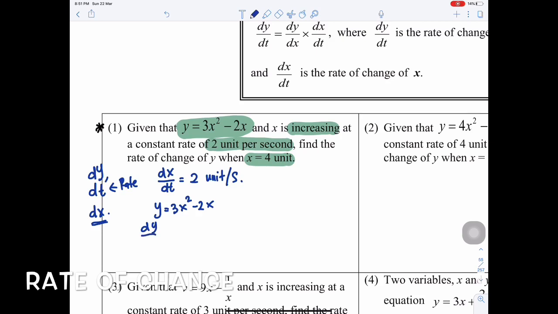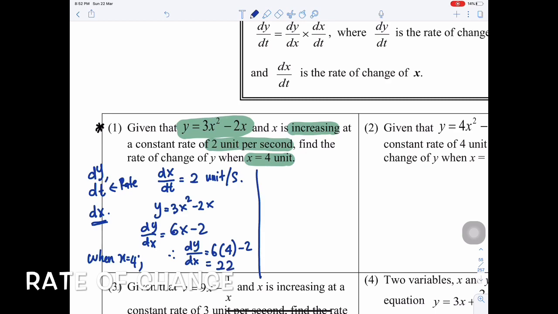So dy/dx, work out the differentiation, is 6x minus 2. When x equals 4, dy/dx equals 6 times 4 minus 2, so 22.